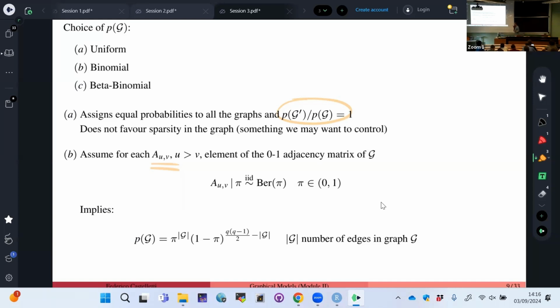So pi raised to the number of ones in the adjacency matrix, that is the number of edges in the graph that I call sizes of G, times 1 minus pi raised to the maximum number of possible one entries, which is q times q minus 1 over 2 in the lower triangular part, minus the number of edges in the graph G.